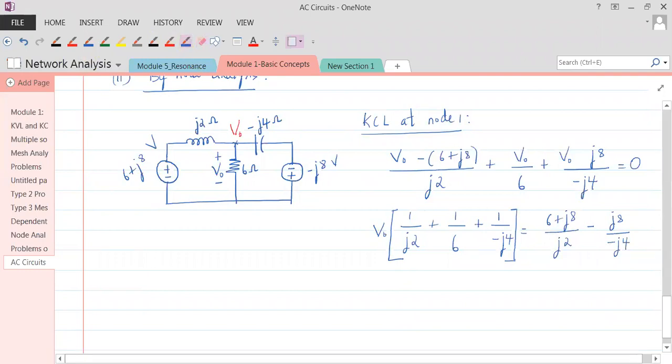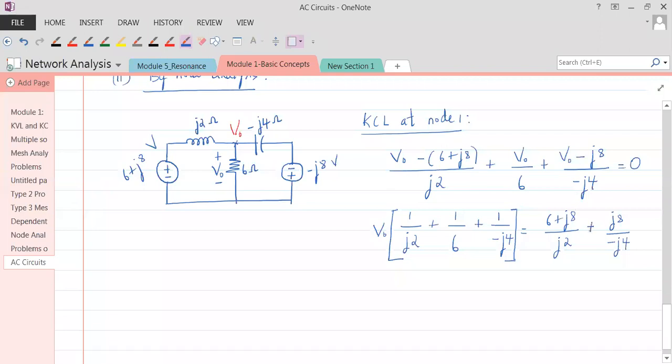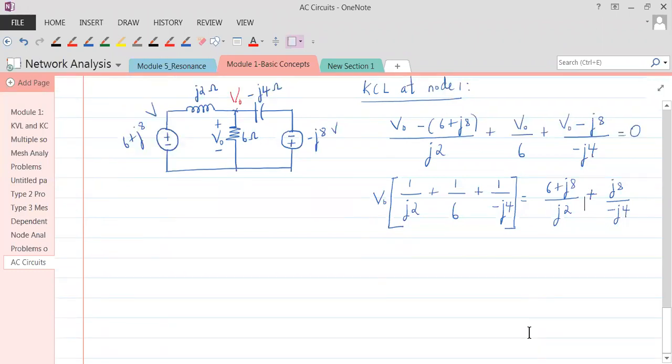The problem is it is V naught minus of minus, so this would be plus. There is already a minus with j, so that will make this minus, so this will become plus. Does everybody understand the problem here? V naught minus of minus minus j8, so it is V naught minus j8.